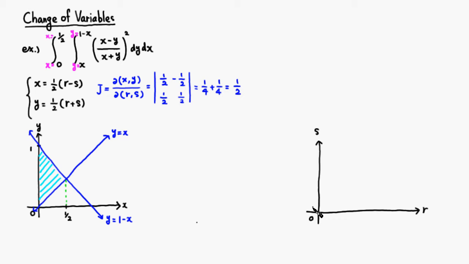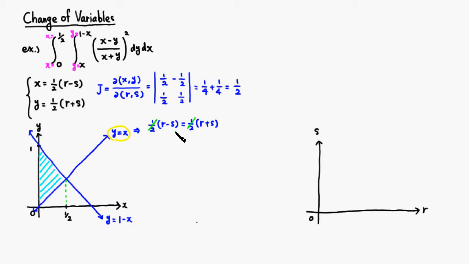Let's look at each constraint. Let's look at this one right here, y equals x. In terms of r and s, what does that mean? We're basically equating those two together. So this gives us 1/2 (r minus s) is equal to 1/2 (r plus s). We can cancel the 1/2 and 1/2.